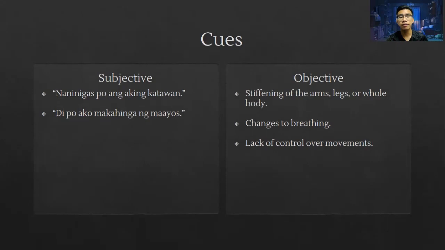For the objective cues, it causes the stiffening of the arms, legs, or whole body of the patient, and also changes to breathing. As I have stated a while ago, stiffening of the arms, legs, and or whole body leads to lack of control over movement, so that the patient does not have full access to moving the joints or the body as well.